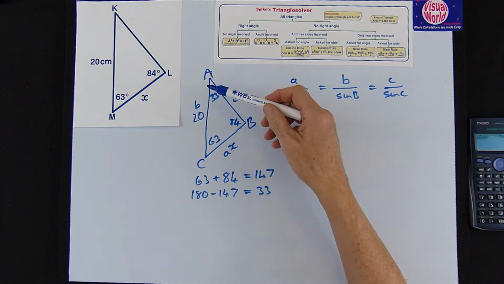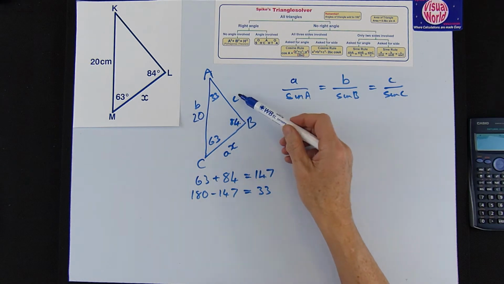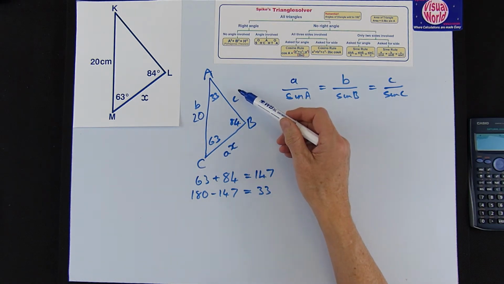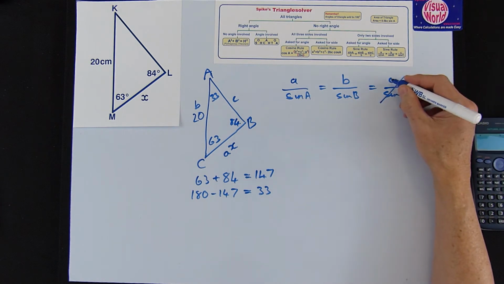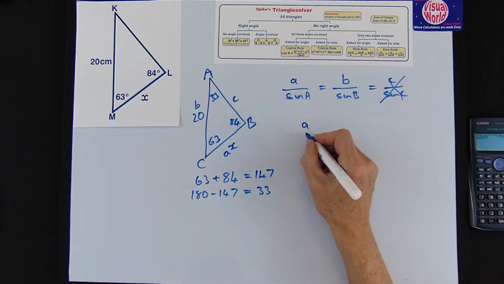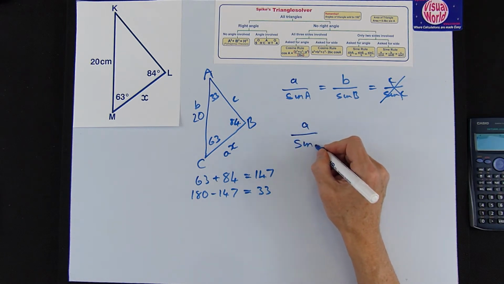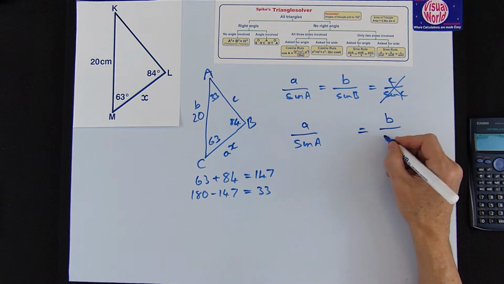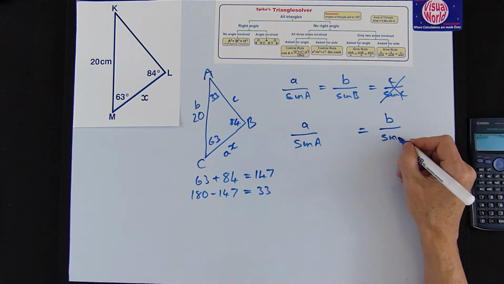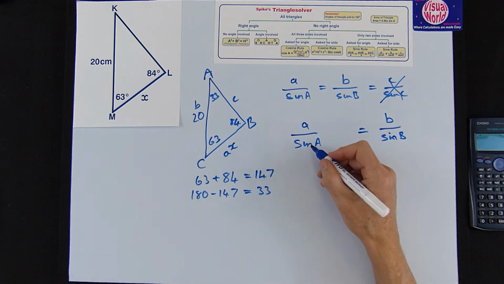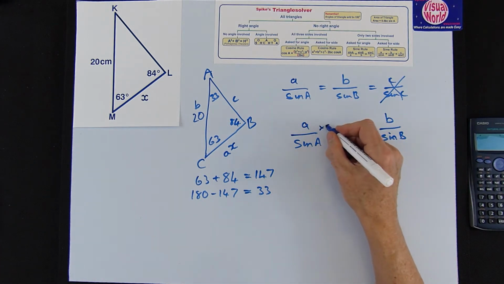We've got our A and we've got our B. We haven't got a C, but we've got A and B. So C hasn't got one up there, so that's the one we'll cross out. So we can get started. So we go A over sine A, leave your space for working again, equals B over sine B. We need to get rid of the sine A this time, so it's divided there, so we multiply it.